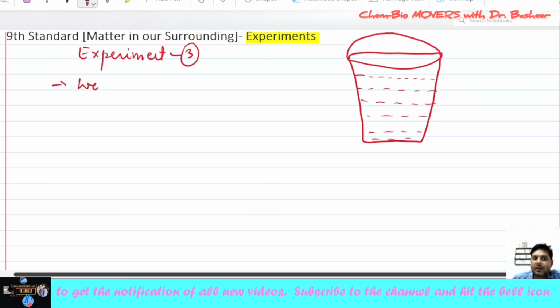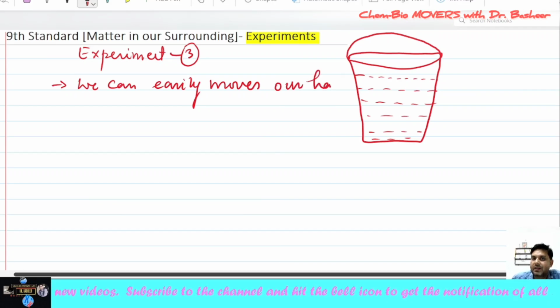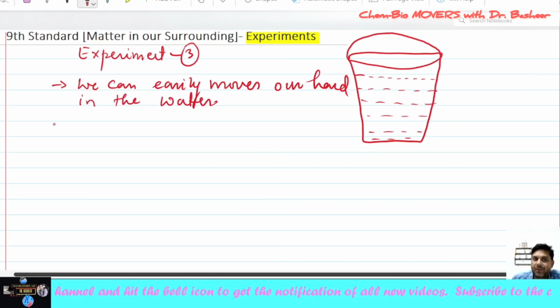We can easily move our hand in the water. Second, in the same bucket, if you put any solid object, movement seems impossible. Why? Because they have greater force of attraction between them.